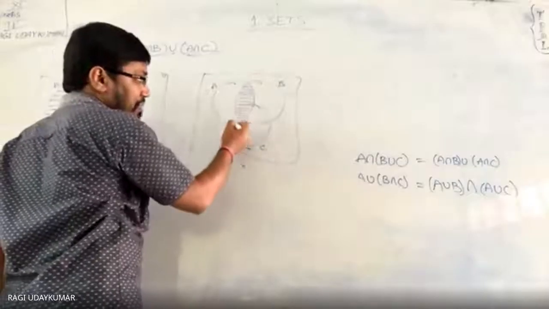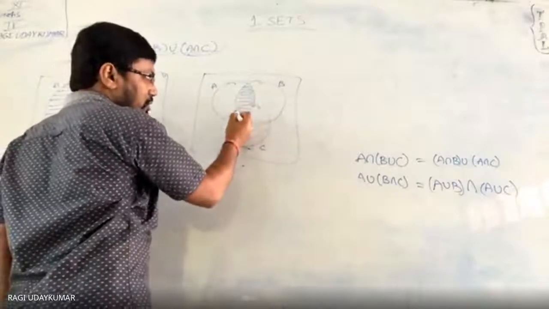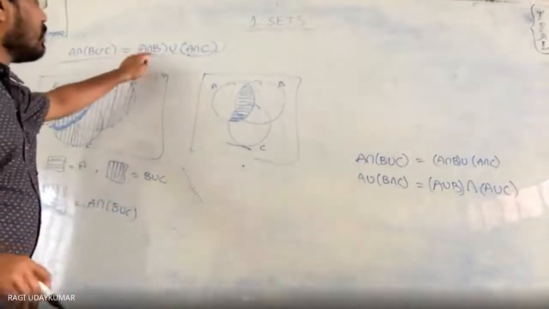This is A, this is B, this is C. This part is A intersection B, so this part gets the line. And the A and C intersection part is this one. That also you draw with the horizontal line. So wherever the common part you are getting, that is (A intersection B) union (A intersection C).